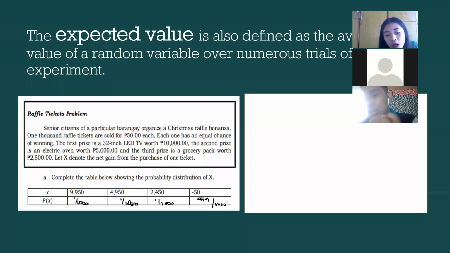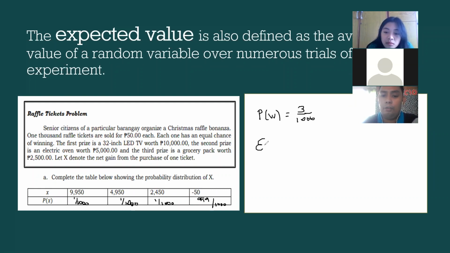But this time around, isa lang yung taya mo, pero tatlo yung pwede mong palalunan, kasi may first prize, may second prize, at may third prize. So your probability to win is 3 out of 1,000. Technically, it's 3 over 1,000. Ngayon, paano natin mako-compute ano yung expected value niya?